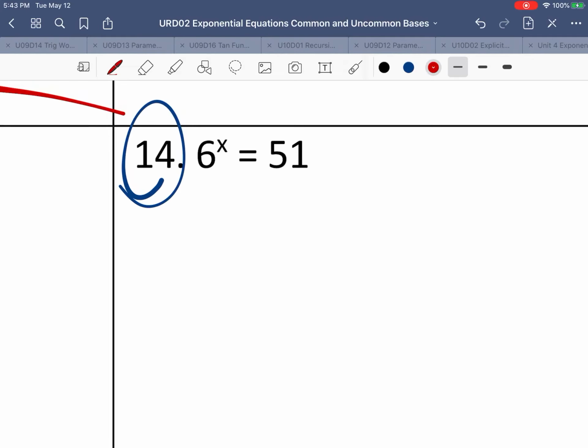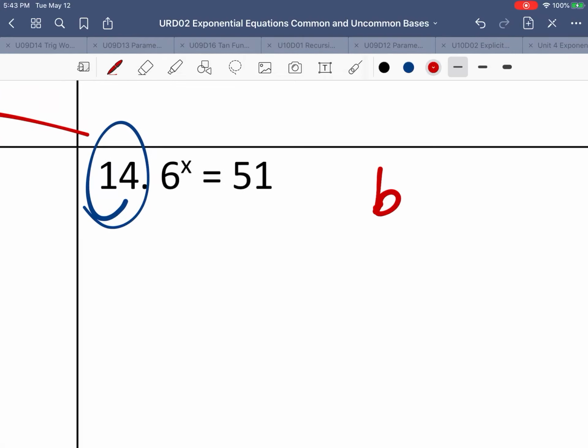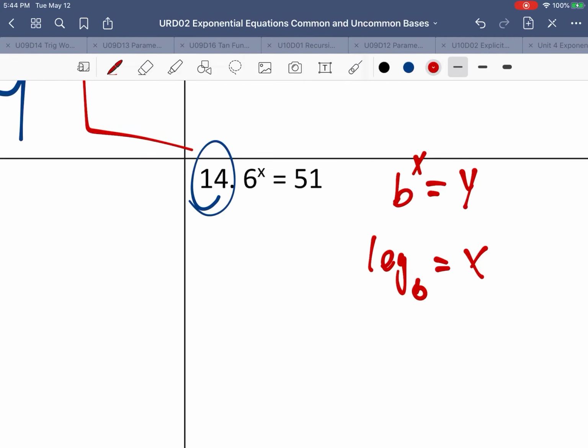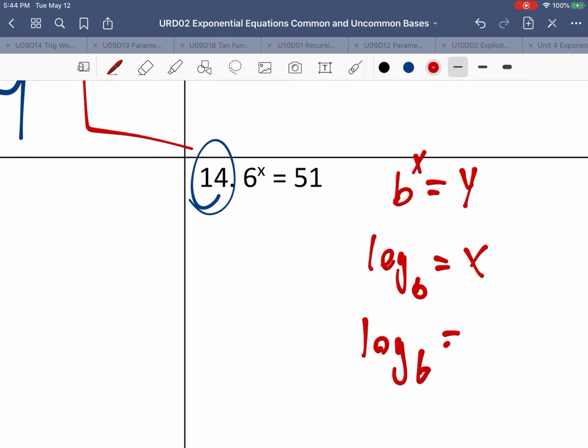So we would convert b to the x equals y into log base b of y equals x. So that would be log base 6 of 51 equals x.